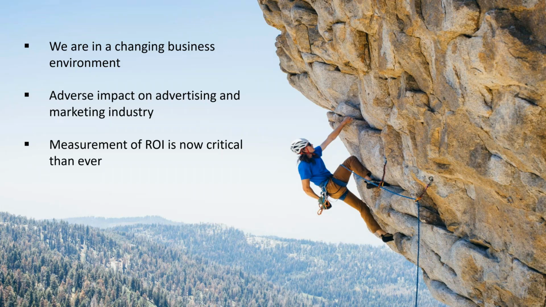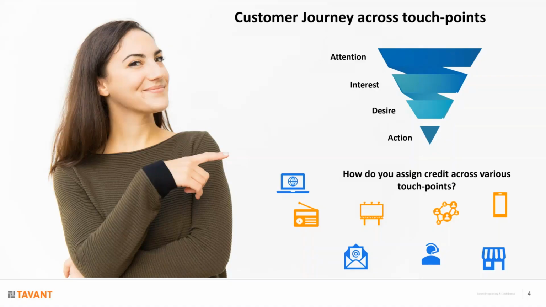So before we get into the advanced models, I wanted to spend a couple of minutes defining multi-touch attribution, so that we are all on a level playing ground in terms of its definition. So let's take, for example, Jane.